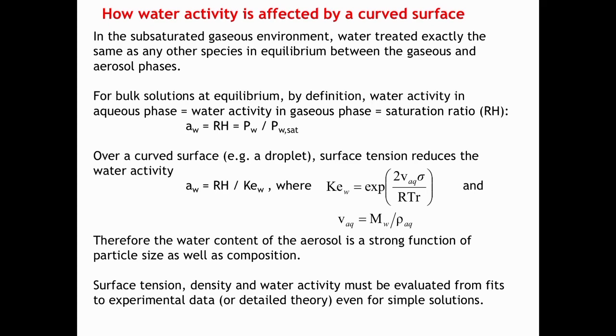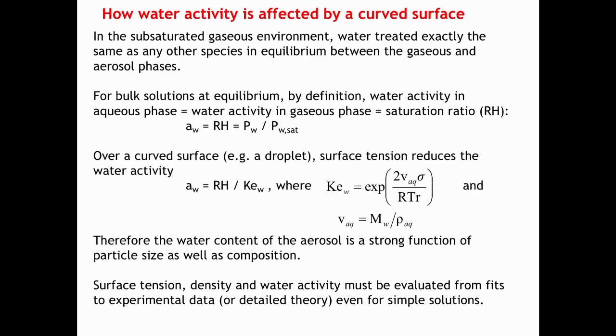It's not 100. It's not 1 because of the curvature. Okay? It's kept below 1. It's impossible to have an activity greater than 1 because you cannot have more material than you have water.